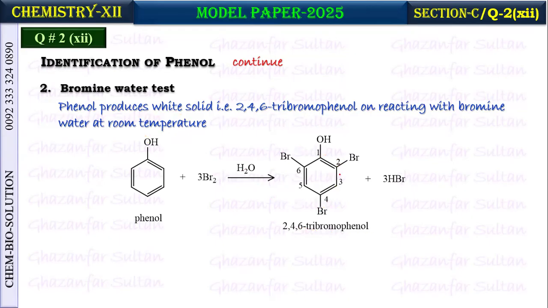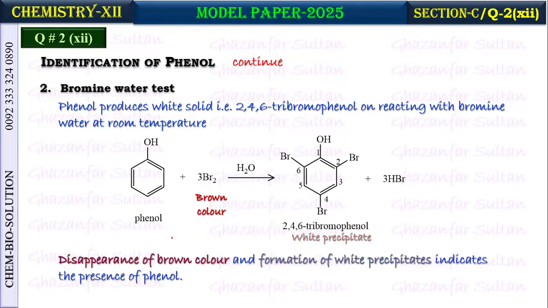This is the polysubstitution of bromine that you have learned in the chapter. This product is actually a white precipitate. So the brown color of the bromine disappears and white precipitate appears. So the disappearance of brown color and formation of white precipitate indicate the presence of phenol.